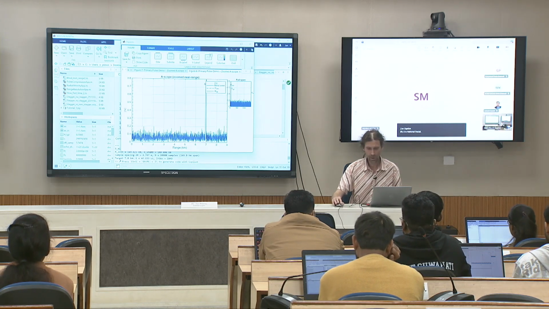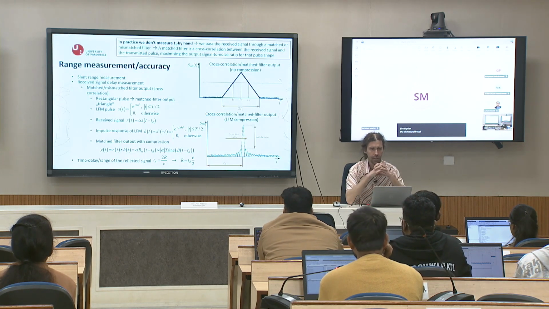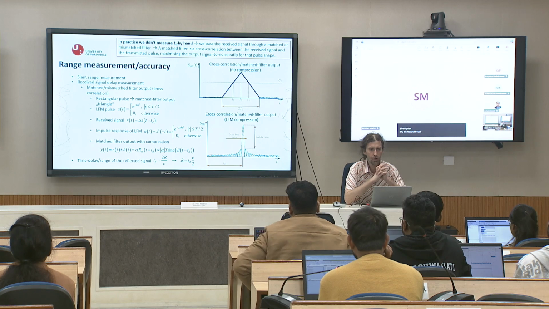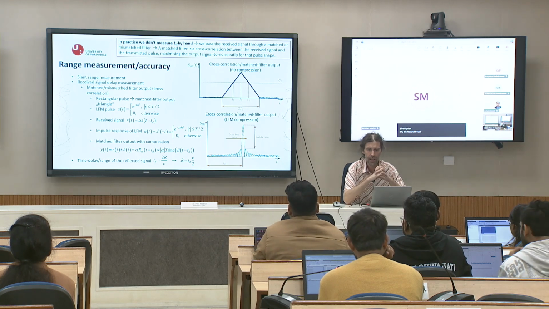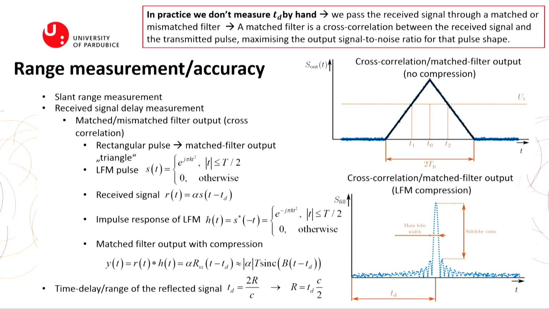Okay. So we will go for another tutorial, and we go for range measurement accuracy. You saw a similar slide yesterday, but I thought during the evening about it, and I want to give you some more explanation because there could be a little confusion.